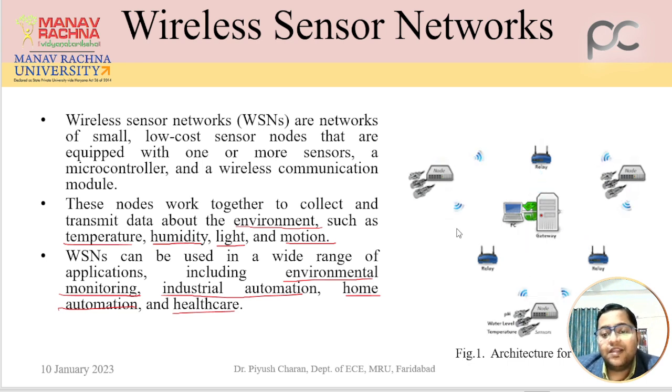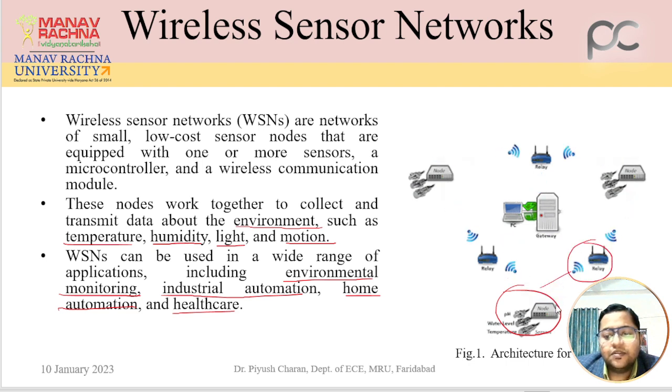Okay, so this wireless sensor network you can see here, these are various sensors transmitting. There's a source node. These nodes are acting as source nodes. They are measuring the pH level, the water level, the temperature, all kinds of sensors are attached. And these act as the relay nodes.